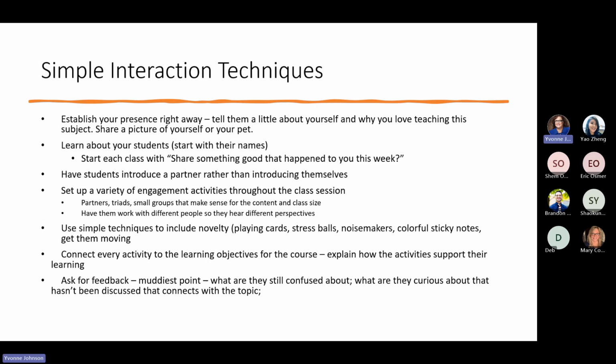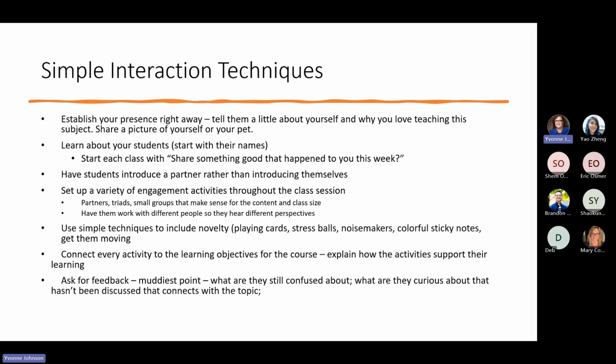And like I said, all of the activities, everything that you do in the course, even if it might seem like a very simple activity that might not seem related to the learning objectives, everything I do in a course is thought out in terms of how is this supporting their learning?